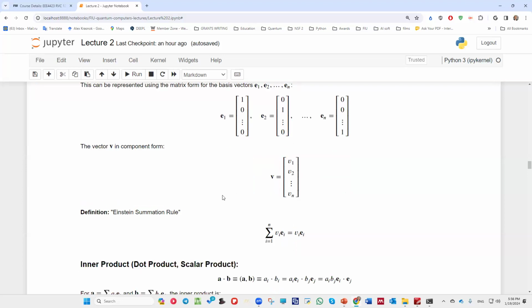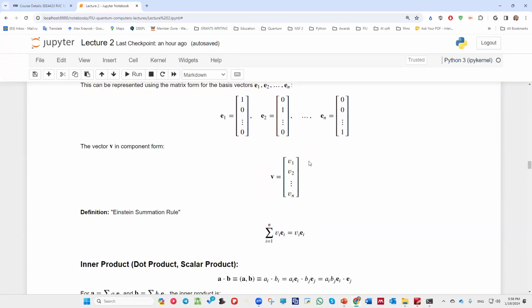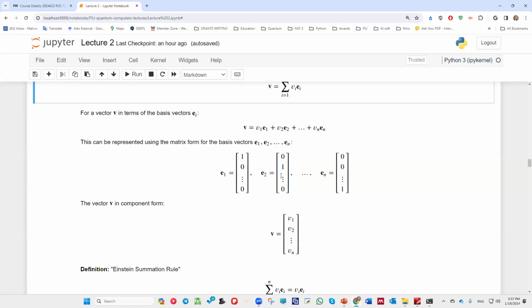So using this vector form for the basis vectors allows us to represent any vector v in this space through its projections on the basis vectors. Any vector will be uniquely presented through the projections of the vector on the basis vectors.